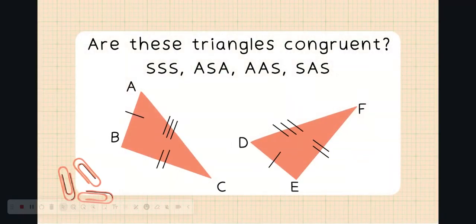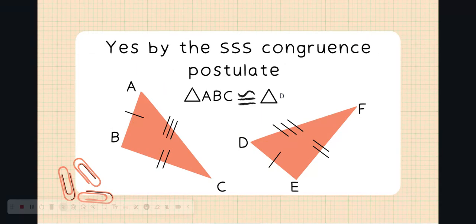In our next example, we have different triangles. These two triangles have three corresponding congruent sides, meaning that they are congruent by the SSS, or side-side-side congruence postulate.